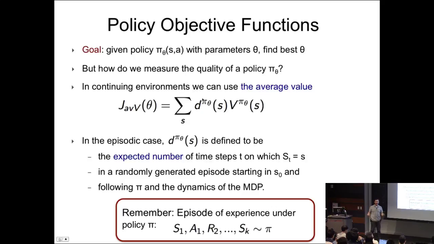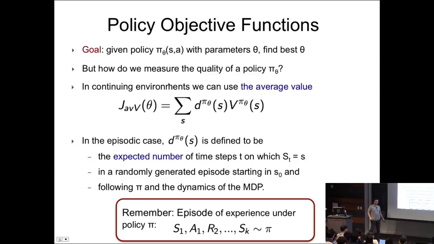But if the probability of being in that state is very high out of all other states, like every time you execute the policy, your policy always wants to go to the edge of the cliff, then the states at the edge of the cliff are going to have high probability, but the values of those states are going to be very big negative. So your whole objective is going to be bad. You're trying to figure out how to change the policy so that this quantity is as high as possible.